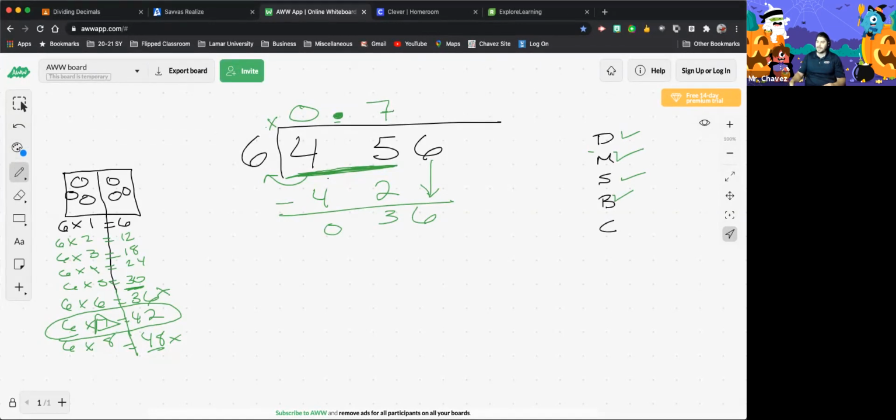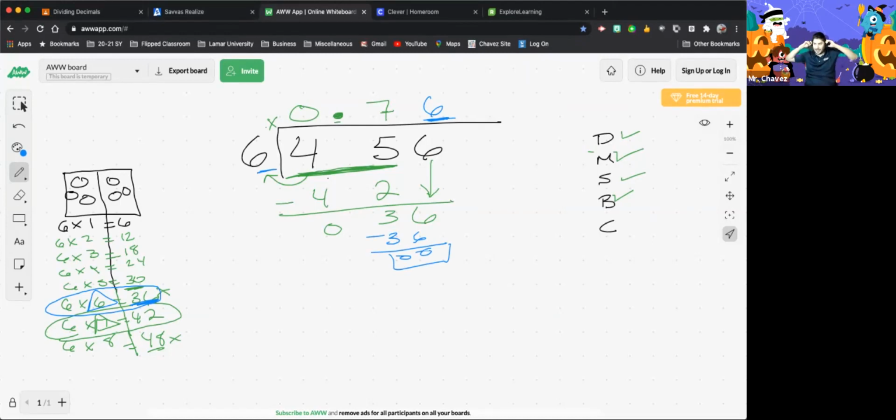What number times 6 can get me 36? If you look at your dominoes, here's 36. It's a perfect match, and it's 6 times 6. So the 6, I put it on the roof. And then I just divide it. Now I multiply the 6 in blue times the 6 in black. 36. You subtract. Boom, you're done. Now you go on to check your work.